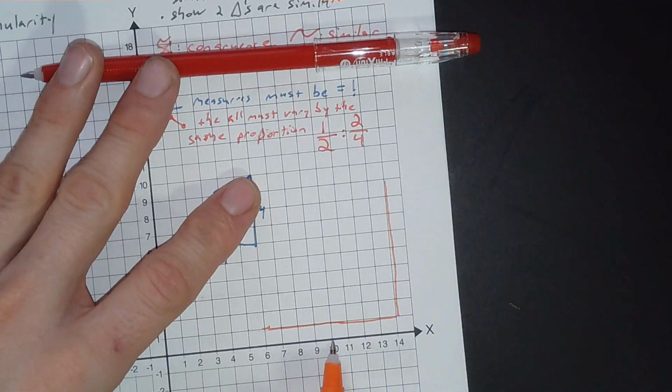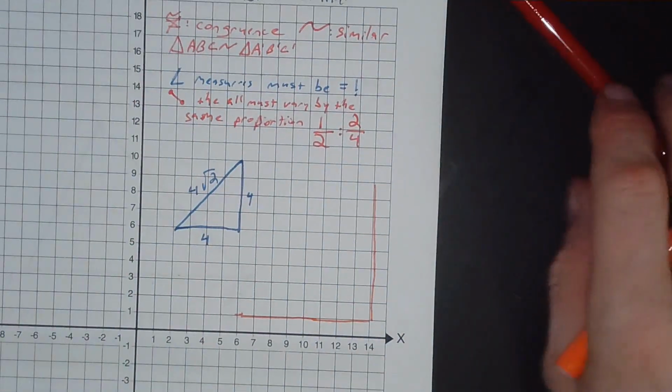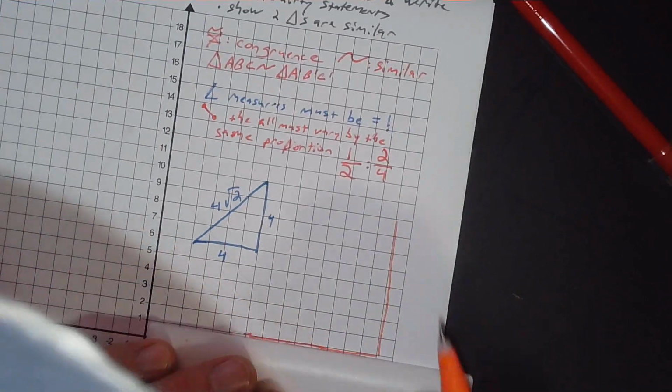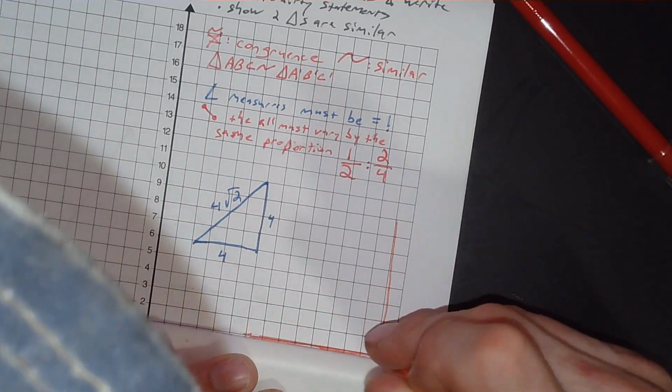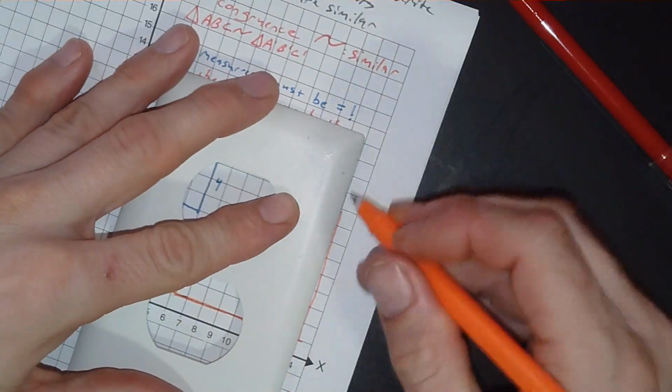So there's our quasi-proportional triangle. Let me make it nicer looking with my super advanced straight edge.